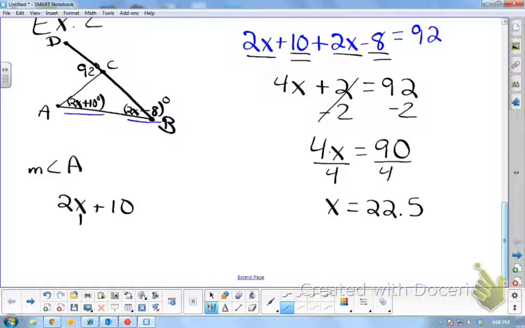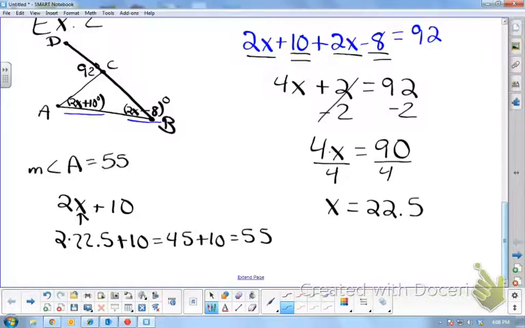So everywhere I see x, I'm going to replace it with 22.5. 2 times 22.5 is 45, plus 10 is 55 degrees this time, since I found specifically angle A and I wasn't just looking for x.